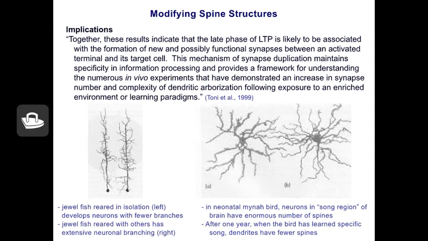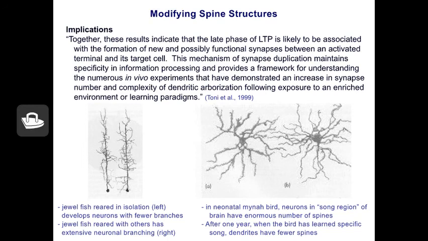And furthermore, not all learning consists of elaboration or expansion of dendritic structures. Pruning can also occur, and this is shown in the case of the myna bird on the right.